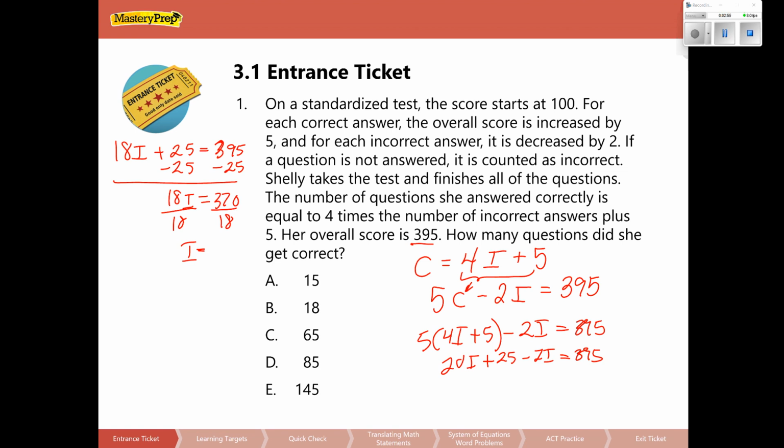18 goes into 37, not 37, I mean not 18, because this should be what? 20. Which here would be 117. No, I had that right. It was 18.